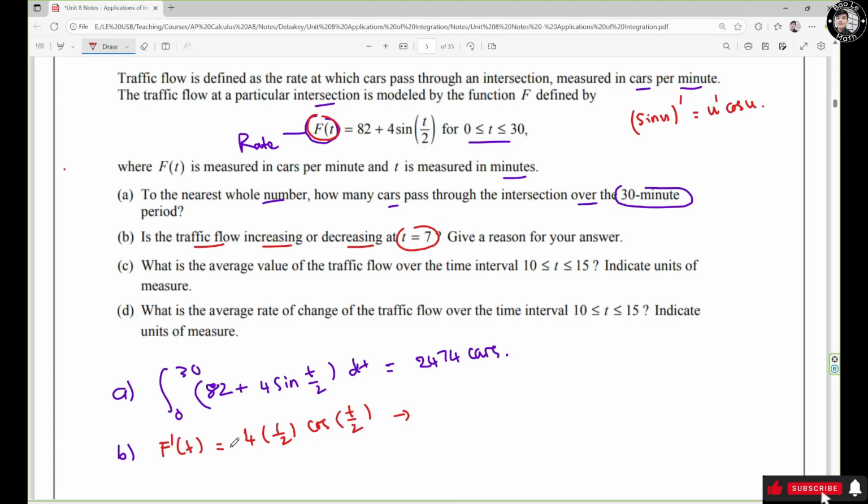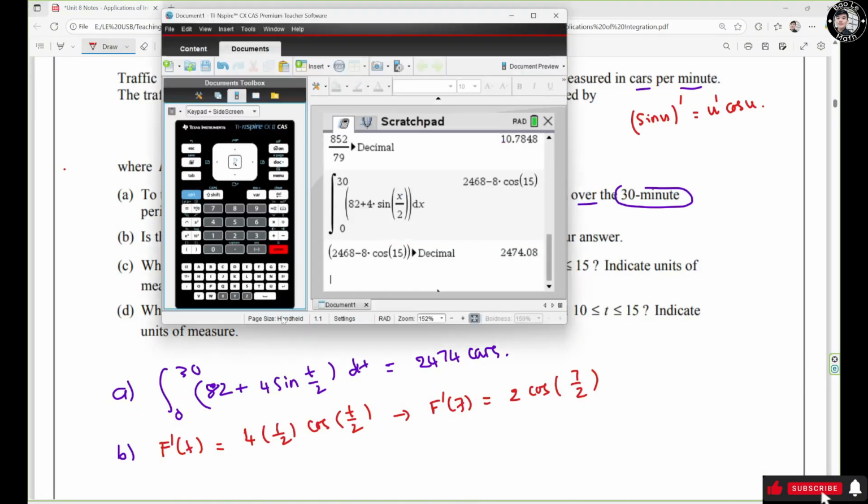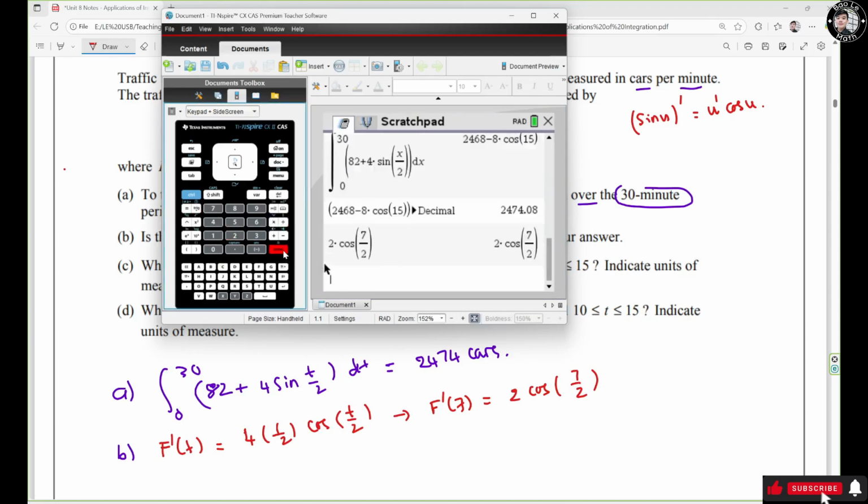Now we're going to substitute 7 for t, so we have f prime of 7 equals 4 times 1/2, which is 2, cosine of 7 over 2. Now you're going to bring up the calculator. You have 2 times cosine of 7 over 2. Hit enter.